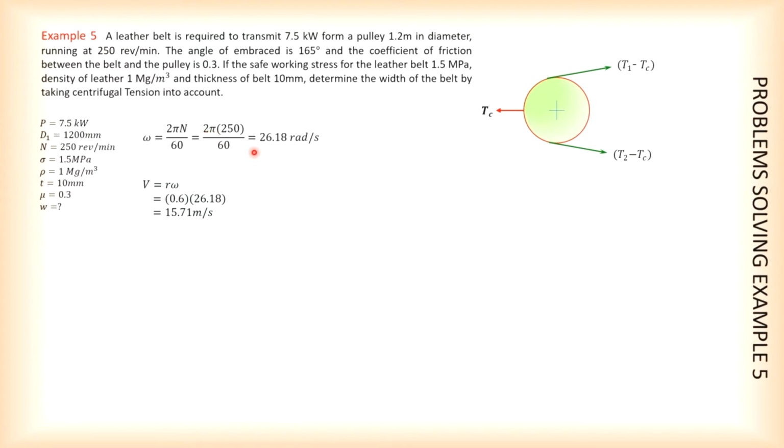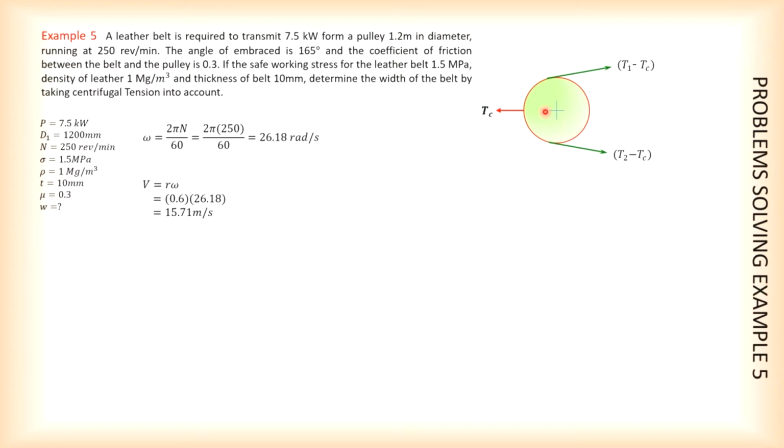So convert that to radians per second, that's why you multiply by 2 pi divided by 60. So this is the tangential velocity, or the belt velocity. The velocity of the belt is given as r omega, so the r and the omega refer to the same pulley.